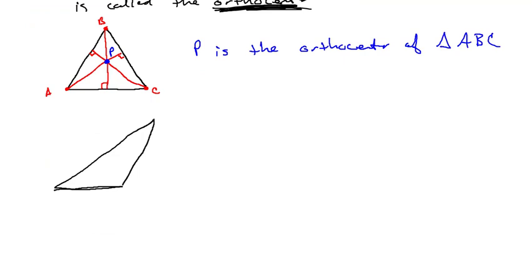Alright, so that was the easy one. We're going to move to this one, it's a little more complicated. So we want to go from the vertex perpendicular. So let's just start with this one. We're going to go from this vertex, and we need to go through this side, but we've got to go perpendicular. So the way we're going to do it is to extend this line out.